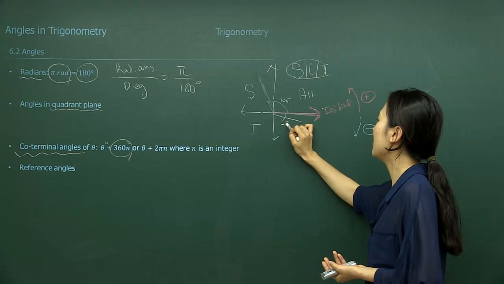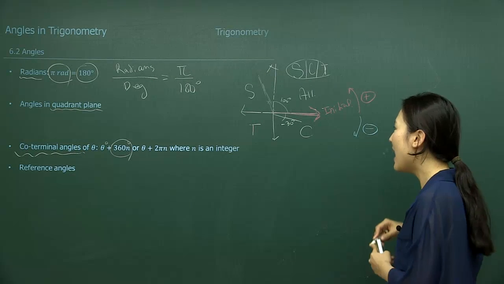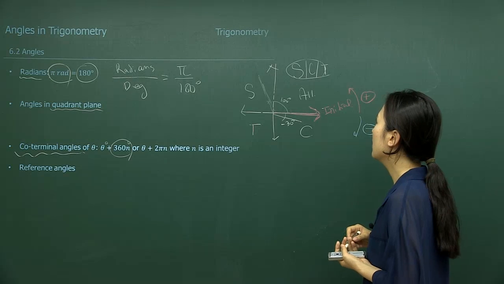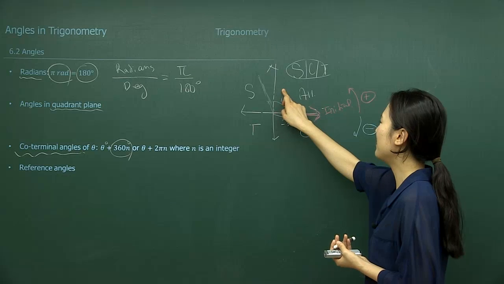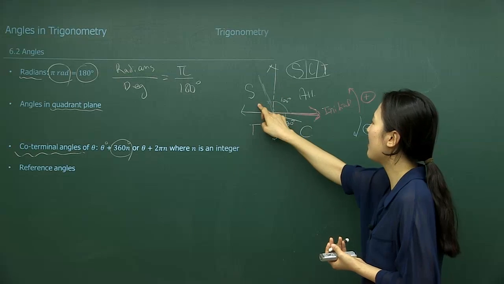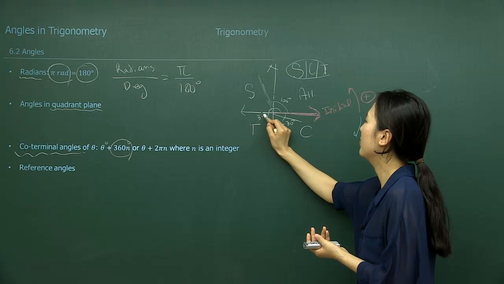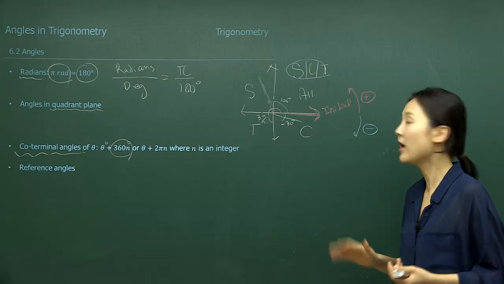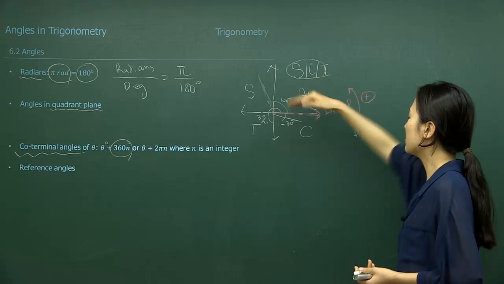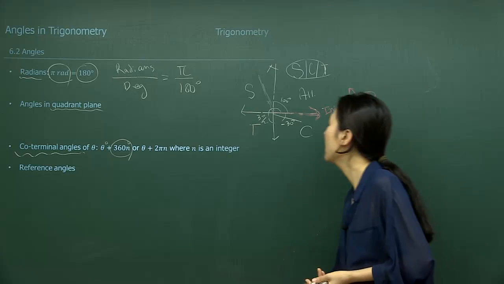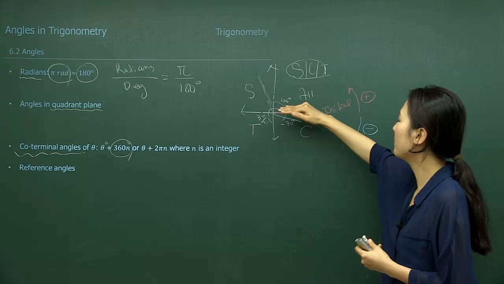If you're doing it in terms of pi, and you want to go 3/2 of a pi, remember how 90 is half of a pi? So 1/2, 2/2, 3/2. That will be 3/2 of a pi. Is that clear enough? So we start from here, this way positive and this way negative.